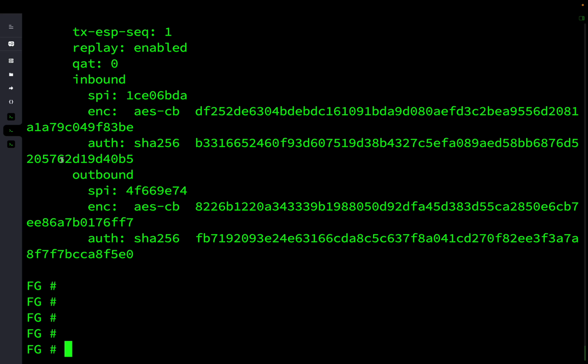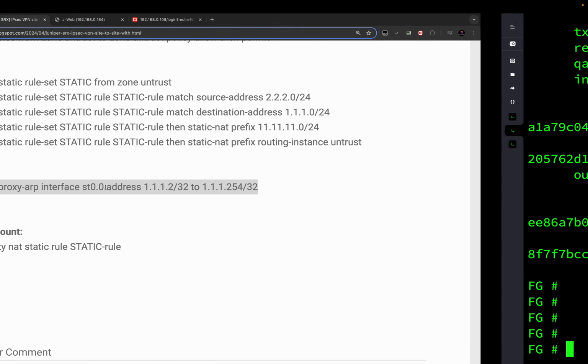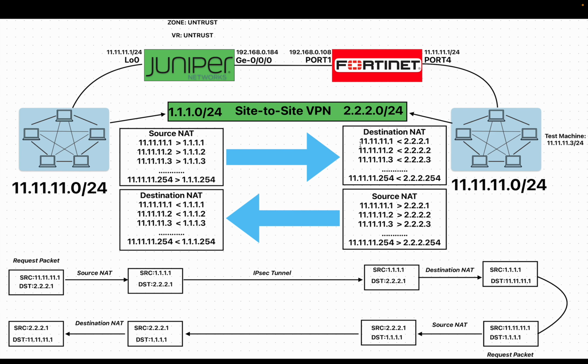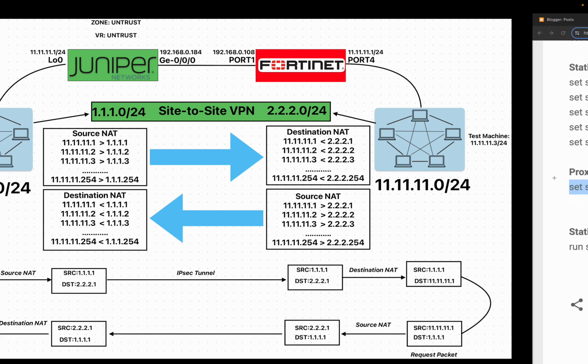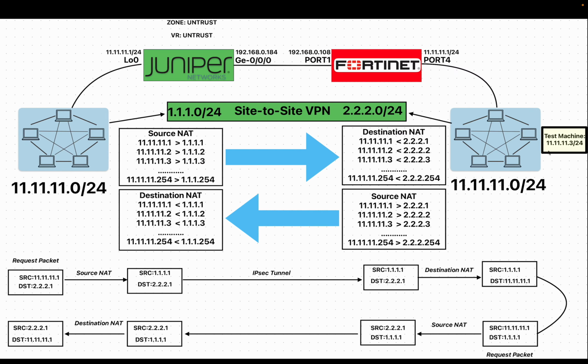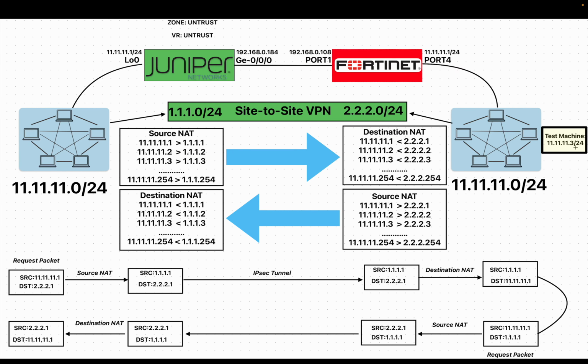Now we will try to initiate some traffic from behind the FortiGate firewall, from the test machine 11.11.11.3/24. 11.11.11.3 will try to communicate to 11.11.11.1 using the external IP, which is 1.1.1.1.